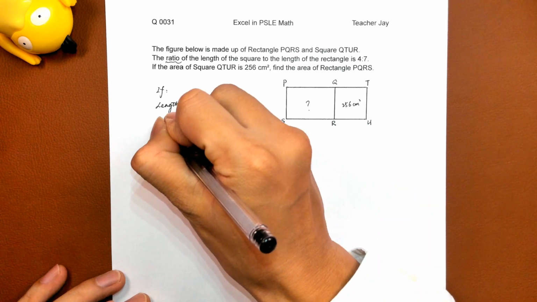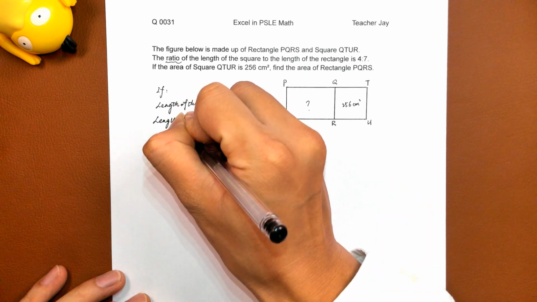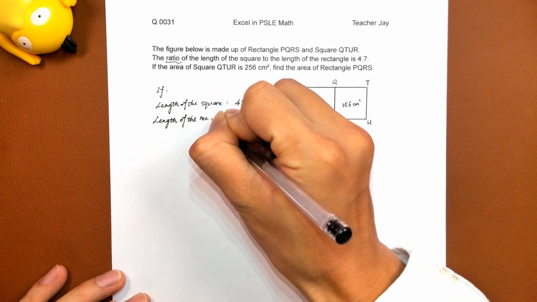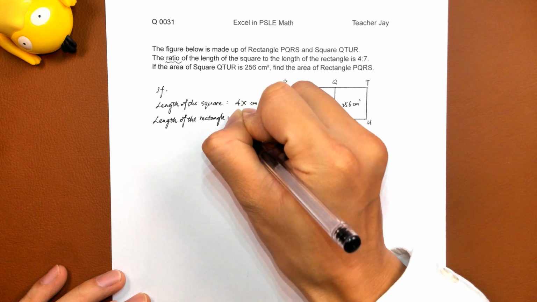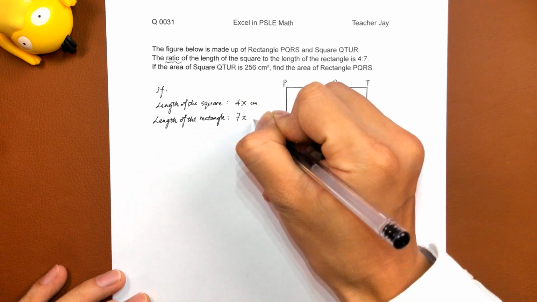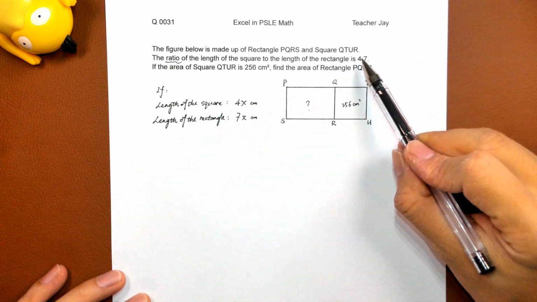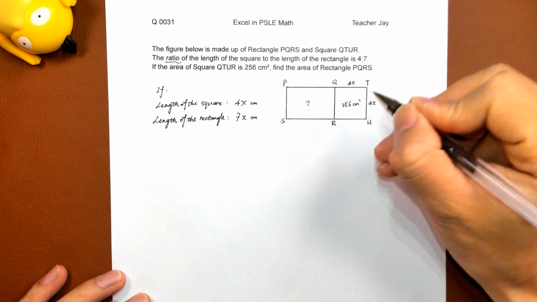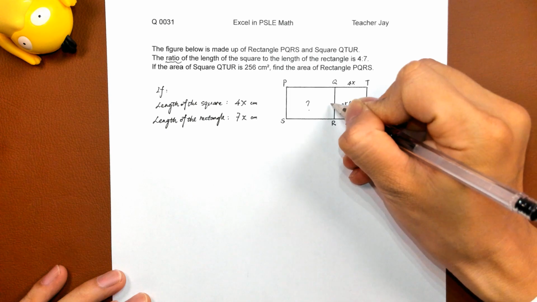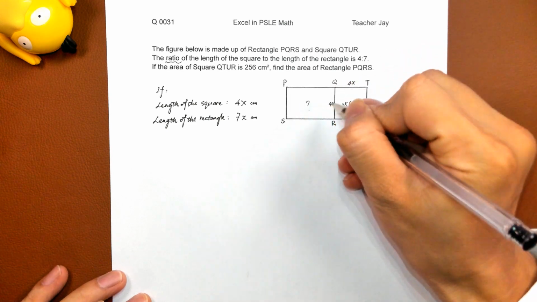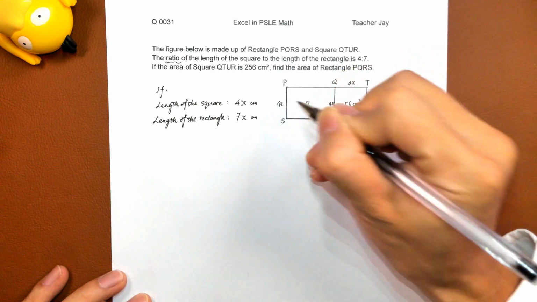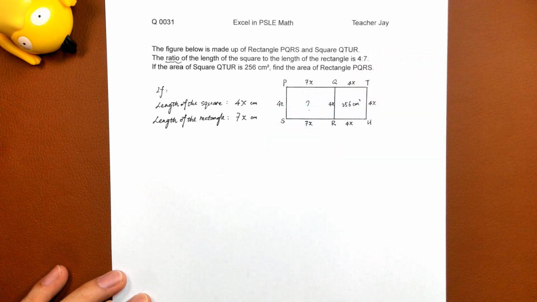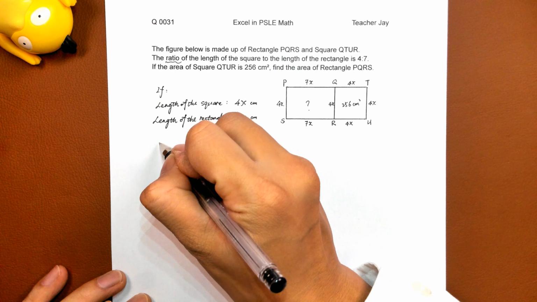Then the length of the rectangle is 7x centimeter. 4 to 7.